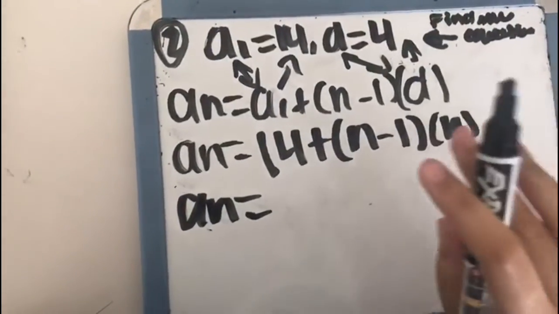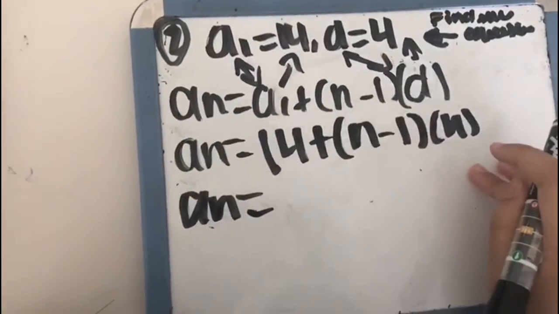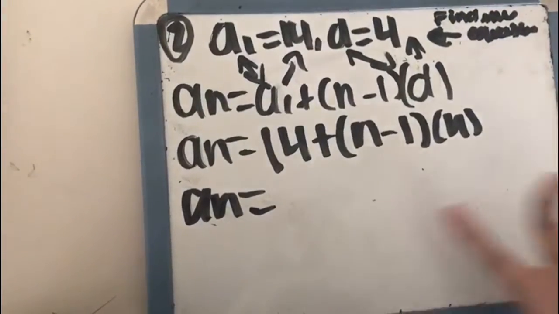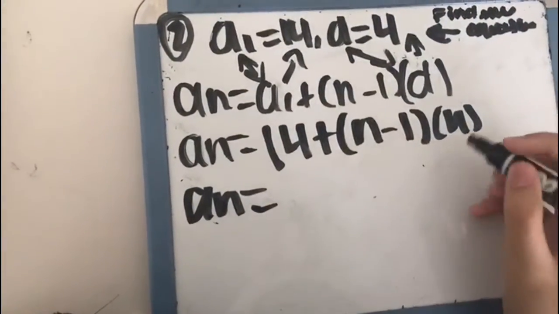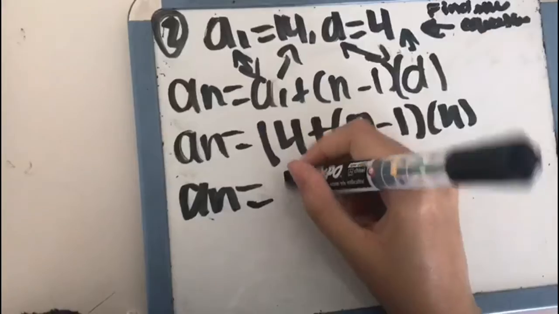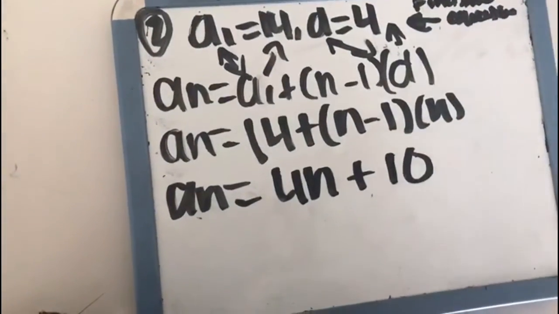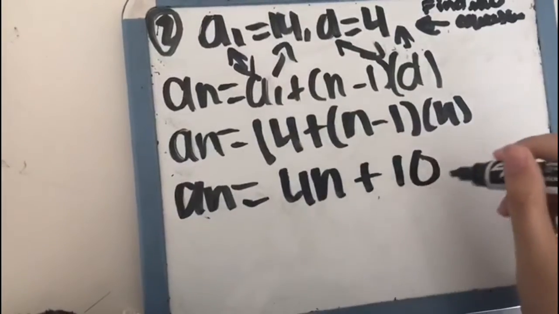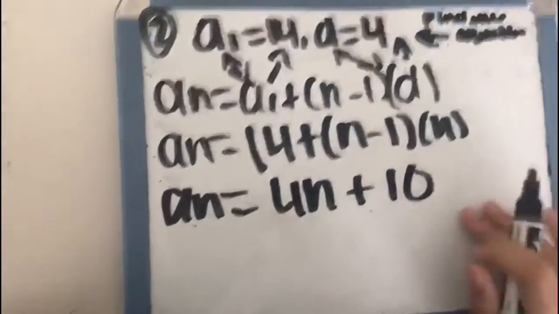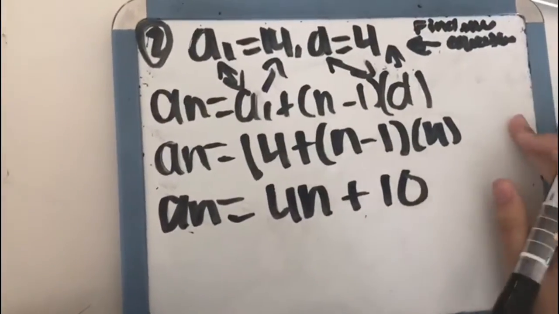Try distributing all of that. And when you distribute it, you'll get the equation of 4n plus 10. Now, this is the final answer of this problem.